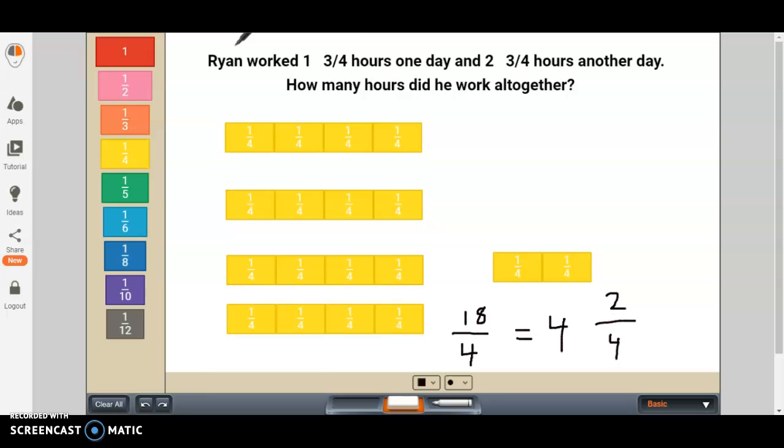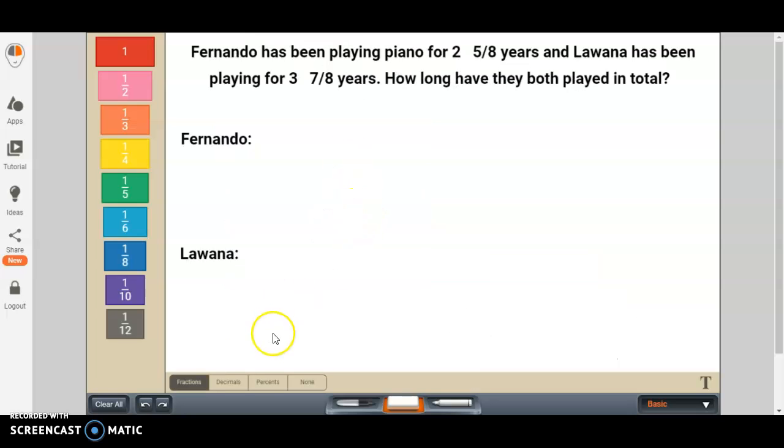So Fernando has been playing piano for 2 5/8 years, and Lana has been playing for 3 7/8 years. How long have they both played in total? Okay, this is going to be large.